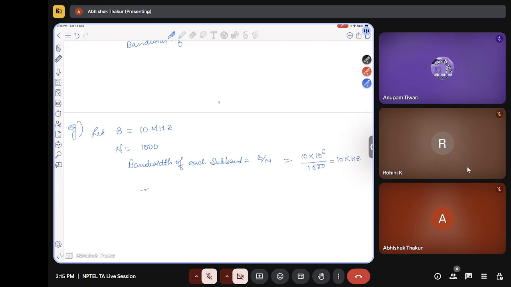Now we find the time duration: we get 0.1 millisecond, which is equal to 100 microseconds.